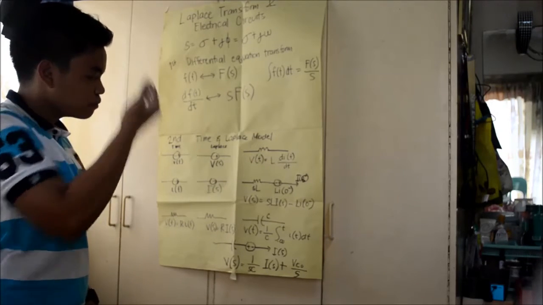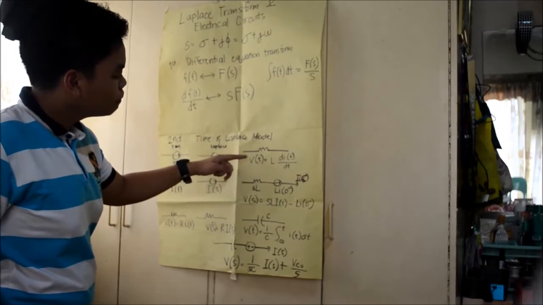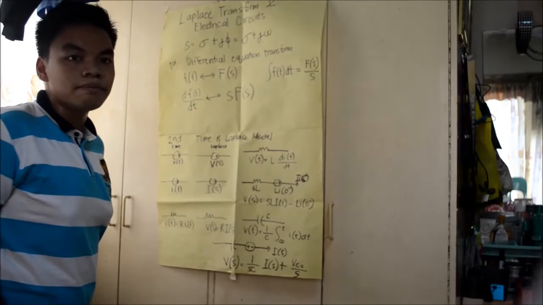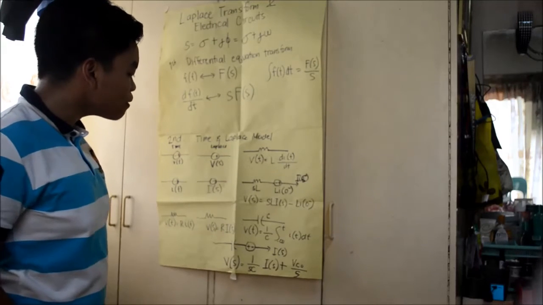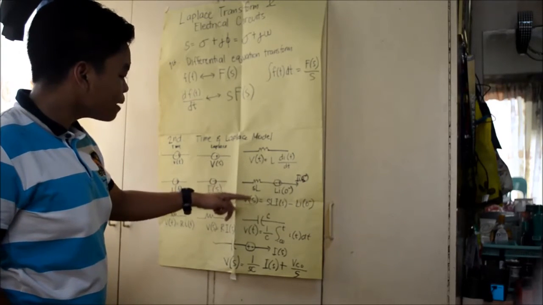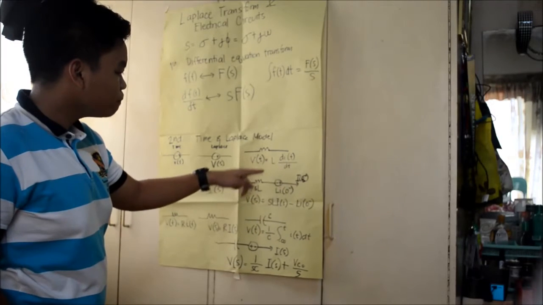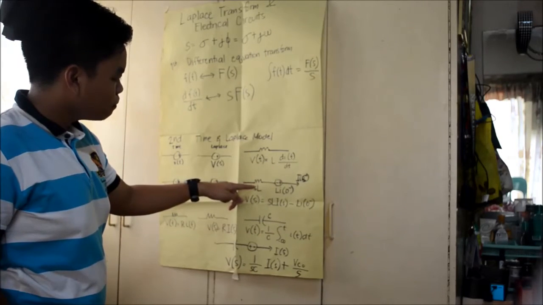In the inductor, v of t is equal to L di of t over dt. Then when we transform it to s, V of s is equal to sL times I of s, the current flowing there, minus L i of 0. Why?